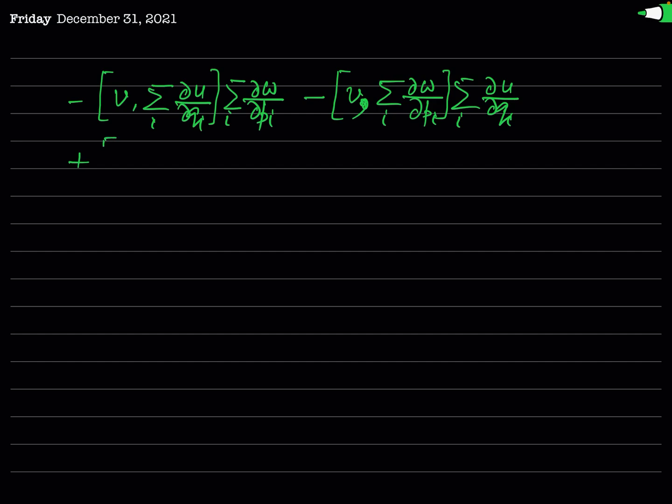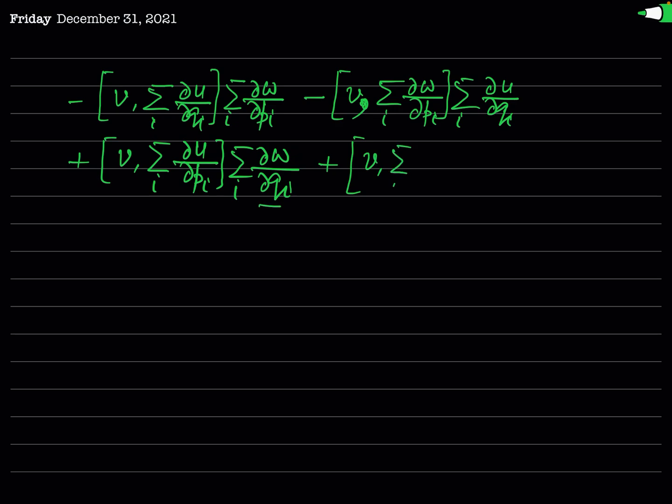This is plus Poisson bracket of V and summation over i del U by del Pi times summation over i del W by del Qi, and plus Poisson bracket of V, and now we will write this much, summation over i del W by del Qi times summation over i del U by del Pi.